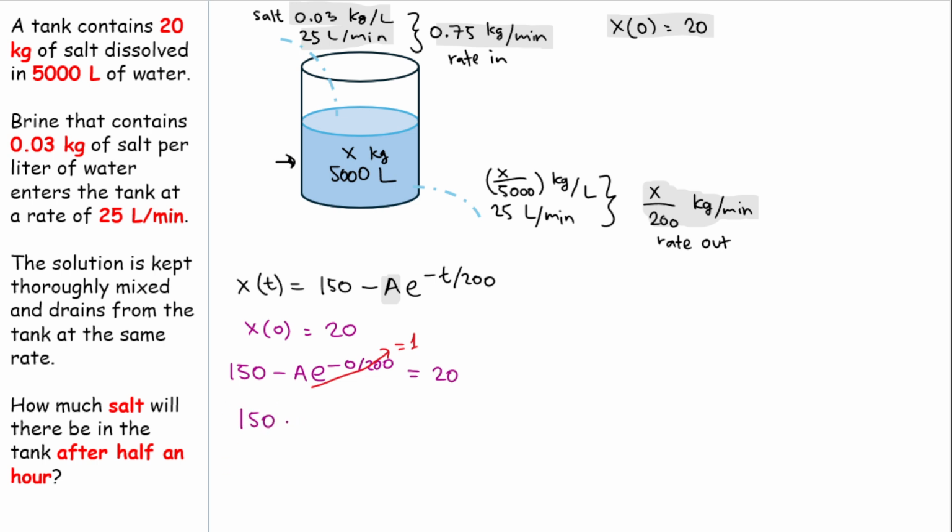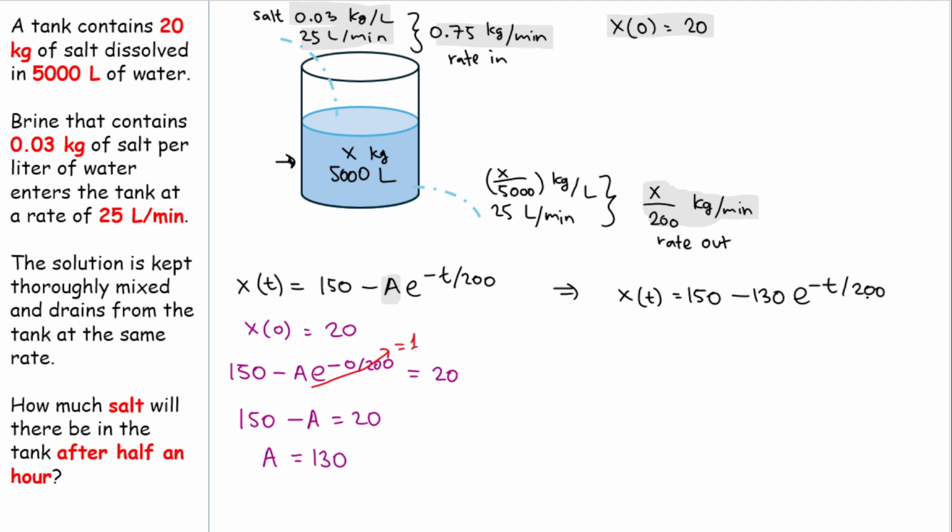So 150 minus a equals 20, therefore a is equal to 130. Plugging a into the original equation, x(t) equals 150 minus 130 e to the minus t over 200.